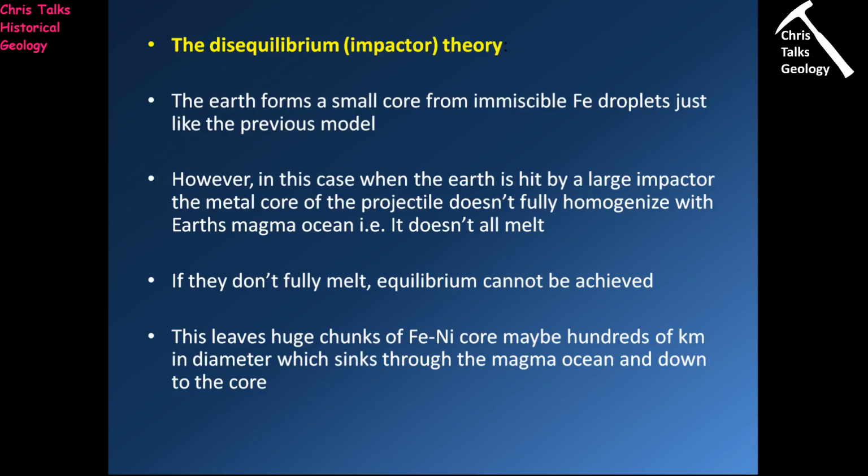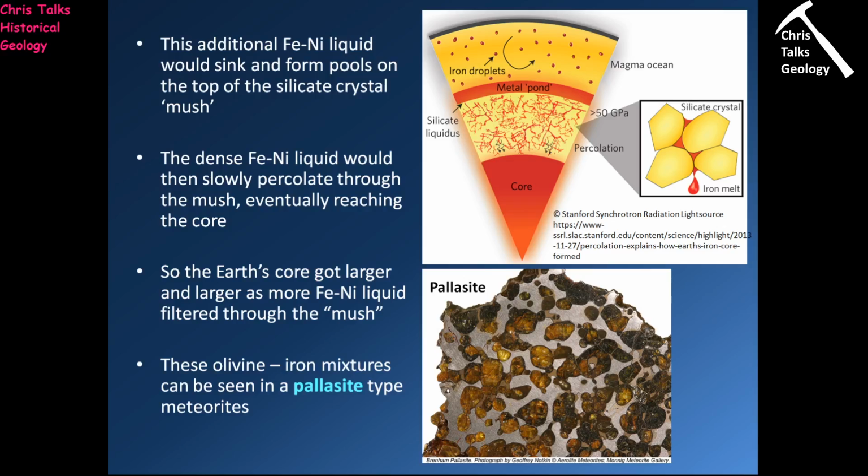And so that means every once in a while you'll get this large impact, you'll get this huge chunk of iron nickel alloy just drop through the magma ocean straight to the Earth's core, where it will then become incorporated into the Earth's core. And so you're thinking, well, what about this layer of mush here?